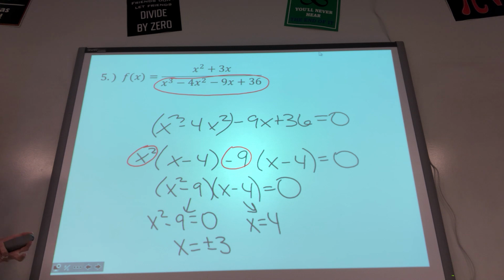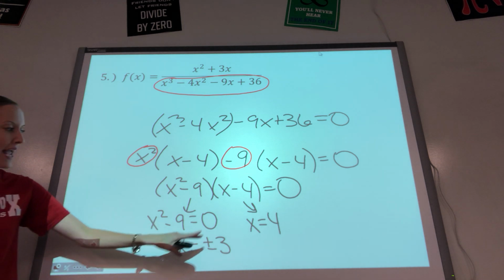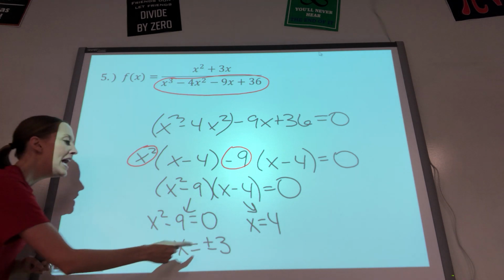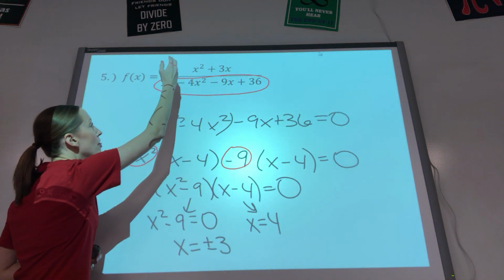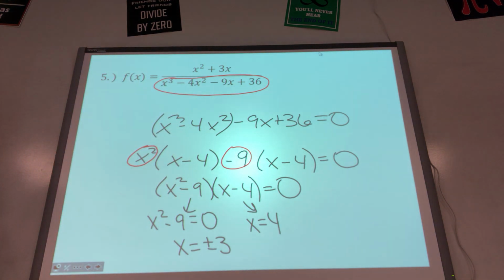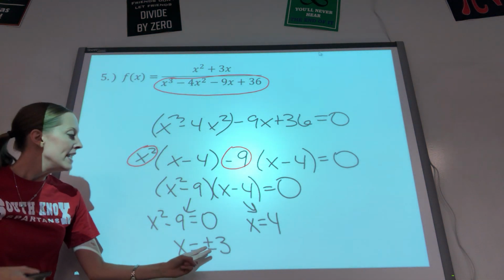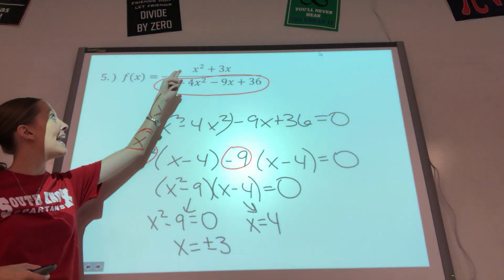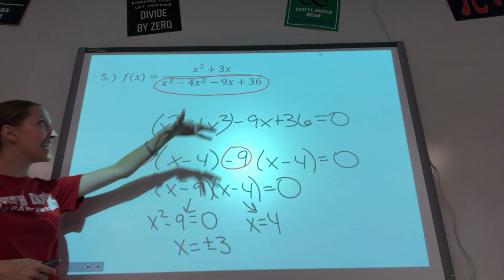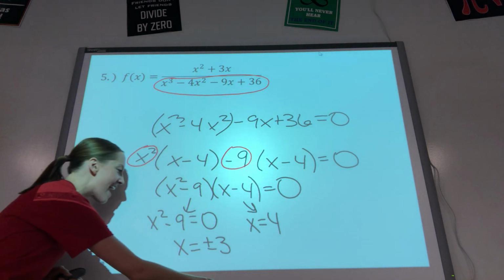Now don't forget, last step, make sure none of those let the top equal 0. If you put in a 3, 3 squared is 9, you'd be taking 9 plus 9, which is 18, so that's fine. Now what do I get if I plug in a negative 3 up there for x? 0, and you can't have that.